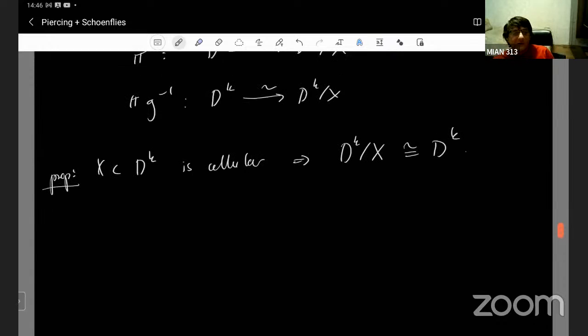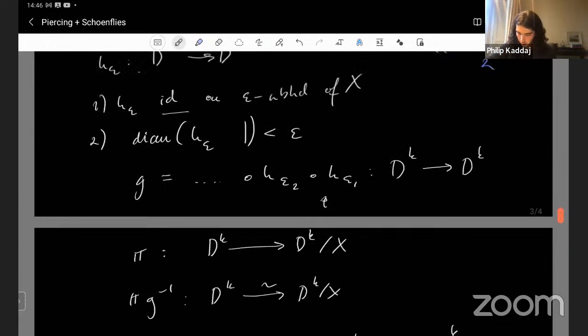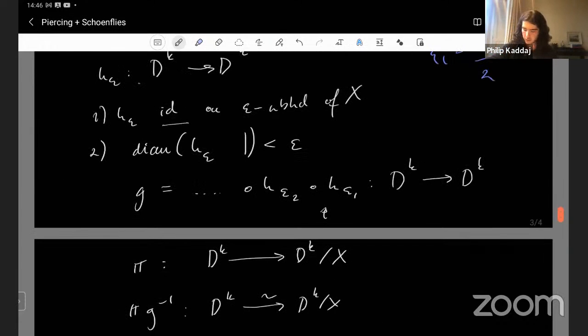How about this? Let us assume for simplicity that this map F is piecewise linear on the complement of X. Okay, I understand what I did wrong.